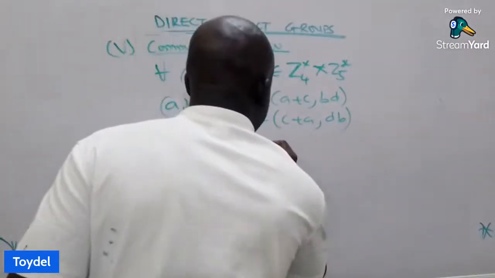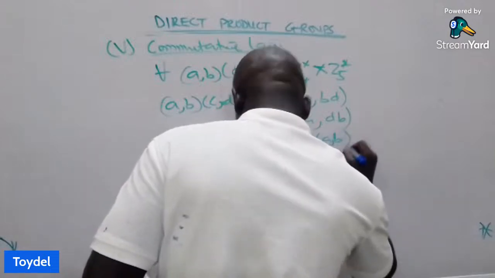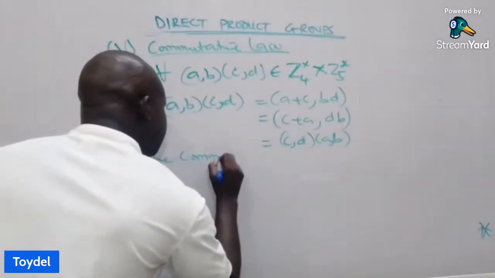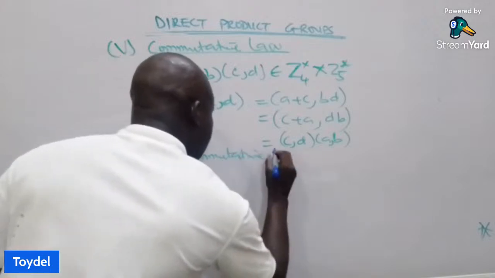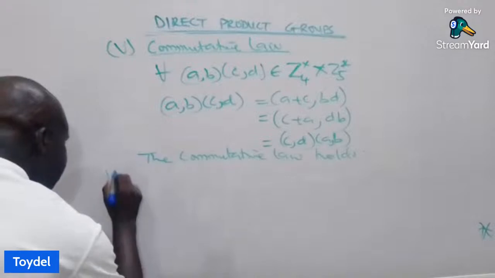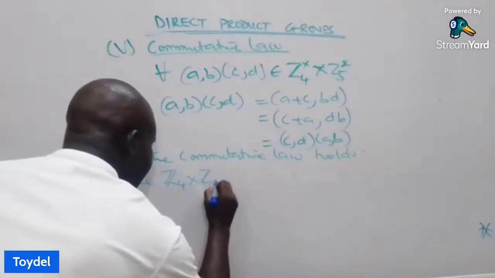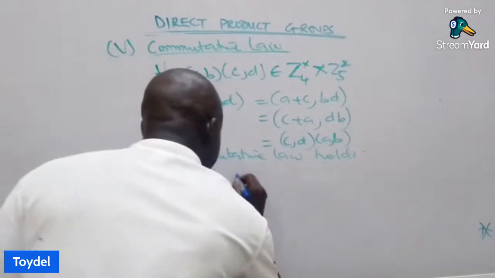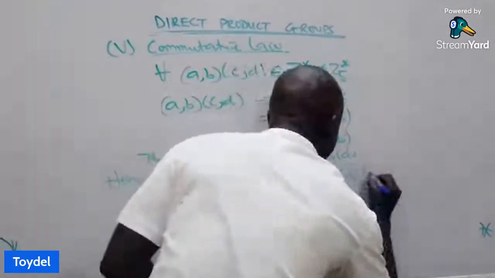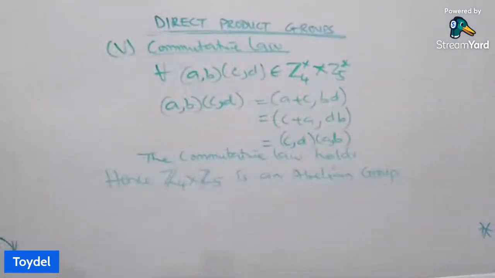If you're able to show that, it simply means that we have (C, D) times (A, B). Since we are able to show this, the commutative law holds. Hence, since we are able to show everything, Z4 cross Z5 is an abelian group, and that is what we are asked to show.